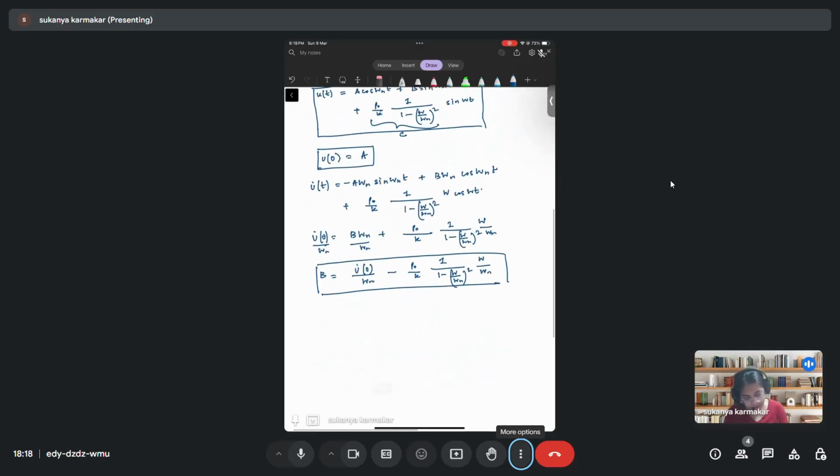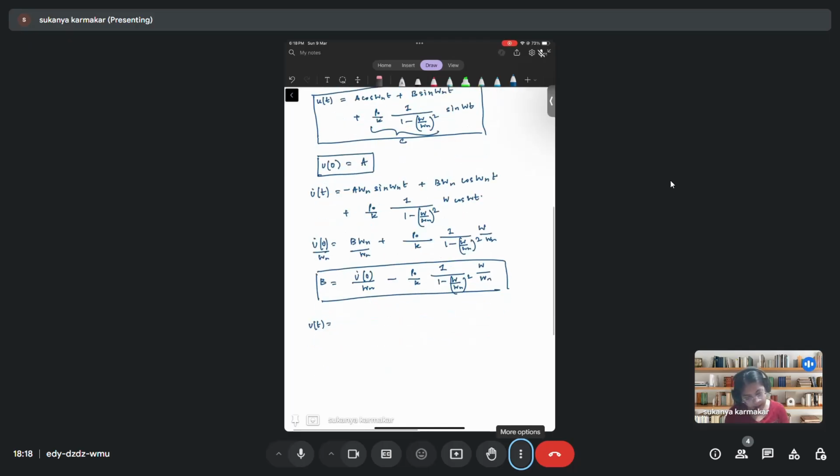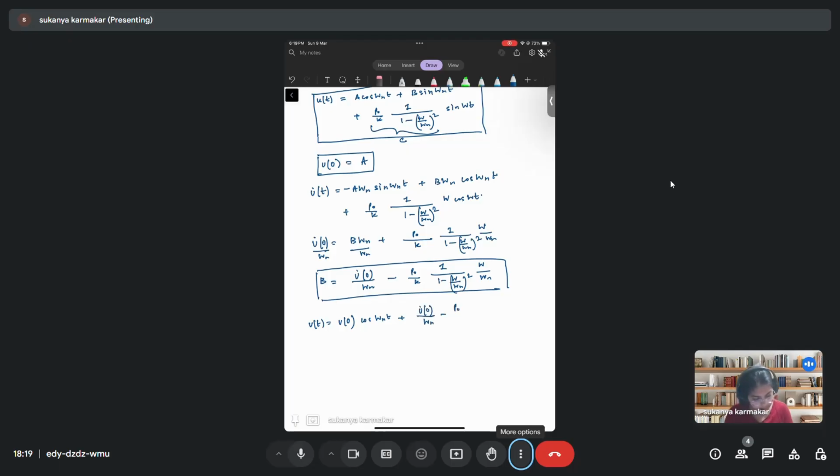So what do I get? U of t is equal to a, which is u0, cos of omega n t, plus d, which is this term u dot 0 by omega n minus p naught by k, 1 by 1 minus omega by omega n whole square, omega by omega n.